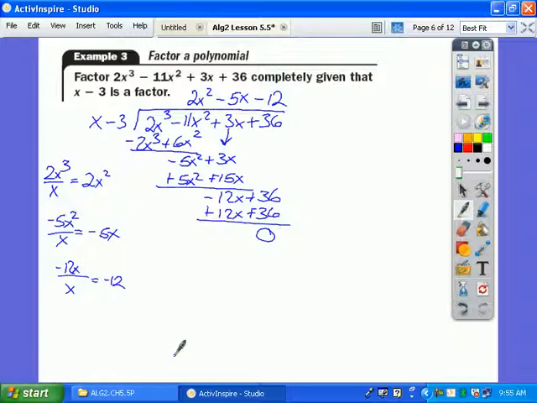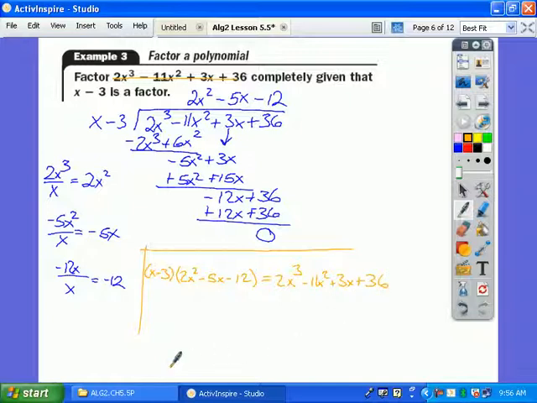So there's no remainder. And what that means is that x minus 3, so let me change colors now, that x minus 3 times 2x squared minus 5x minus 12, if I were to multiply these two polynomials, I would get back the original polynomial that we started with, 2x cubed minus 11x squared plus 3x plus 36.